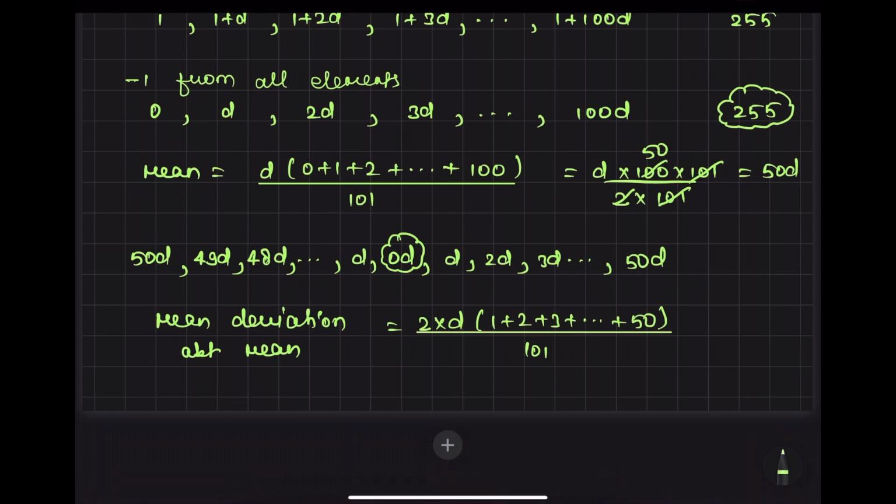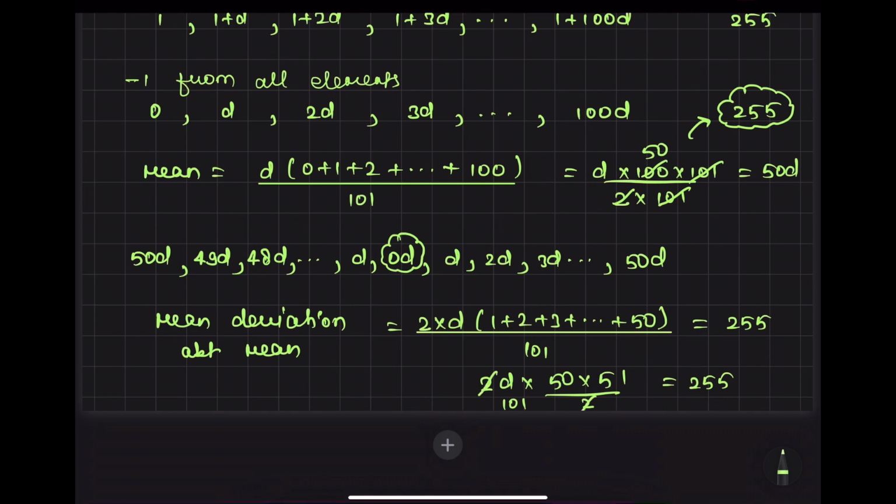So according to us, mean deviation about mean is this, but according to them, mean deviation about mean is 255. And from here we will get our value of d. So it is 2d multiplied with 50 into 51 by 2, and then 101 equals 255.